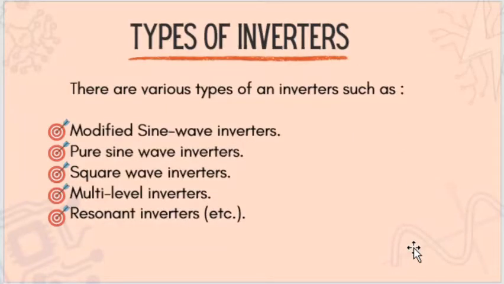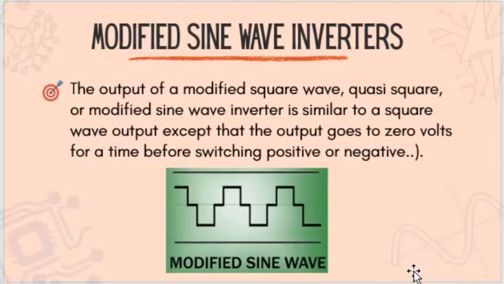There are various types of inverters such as modified sine wave, pure sine wave, square wave, multi-level, resonant inverters, and many more. But only the main three will be discussed. First is the modified sine wave inverter.